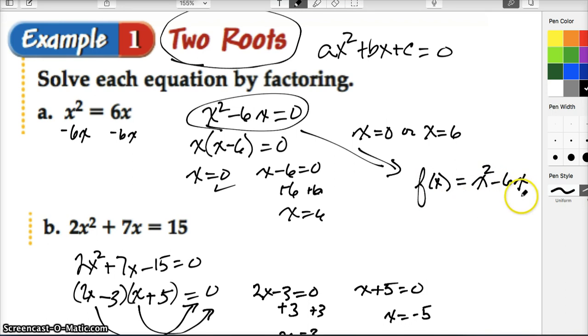If I were to graph it, I'd get a parabola, and since the a term is positive, it opens upward. What I'm going to find is that the roots will be at 0 and 6. So the roots are the solutions to a quadratic equation, or the values of x where the function is equal to 0. You see what I'm talking about?